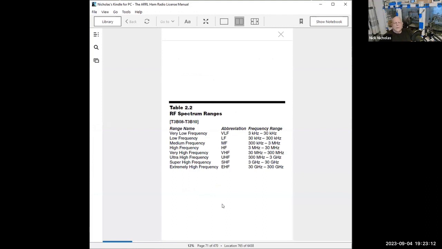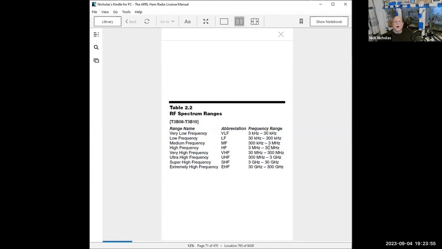Now, I told you that from roughly 3 megahertz, where the 80 meter band is just above this at 3.5 megahertz, to 28 megahertz, which is the 10 meter band, those on the ARRL chart are all within this HF portion of the band.